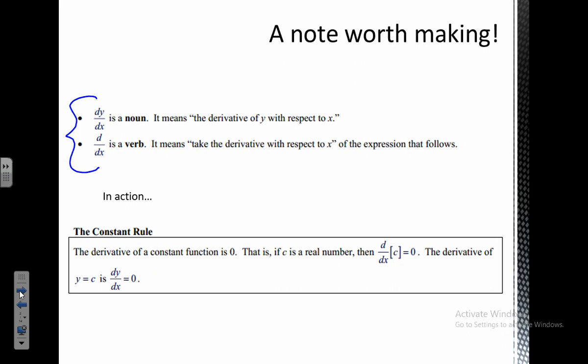So dy/dx is the derivative. d/dx is take the derivative of whatever is following it.